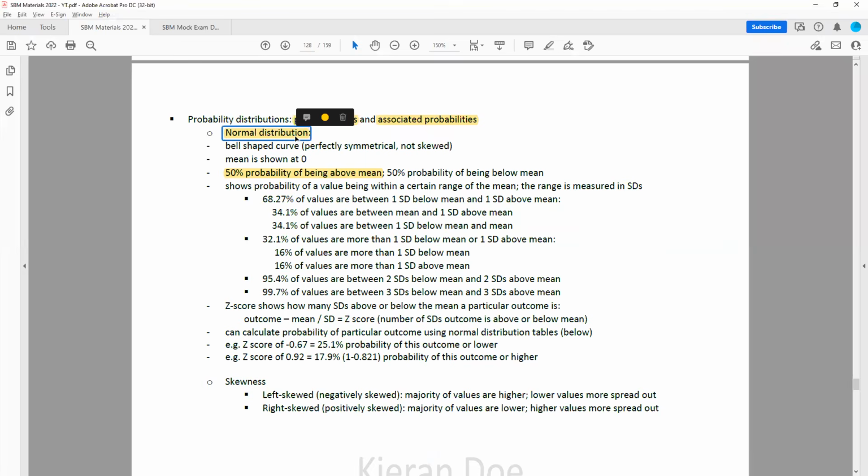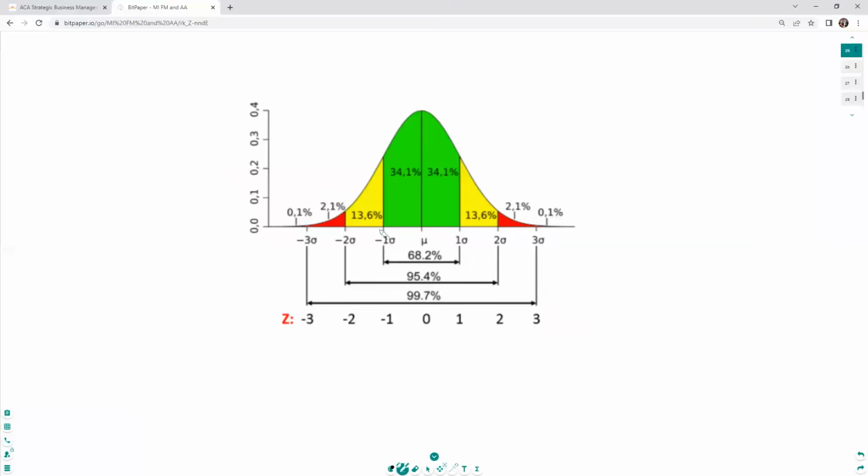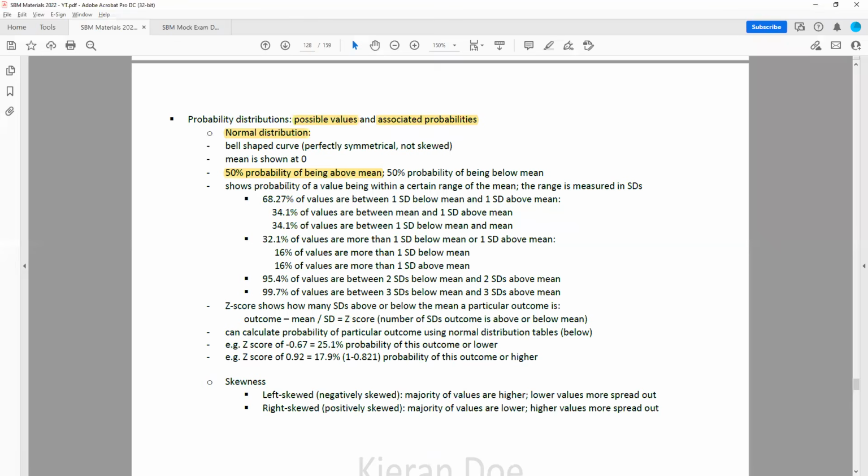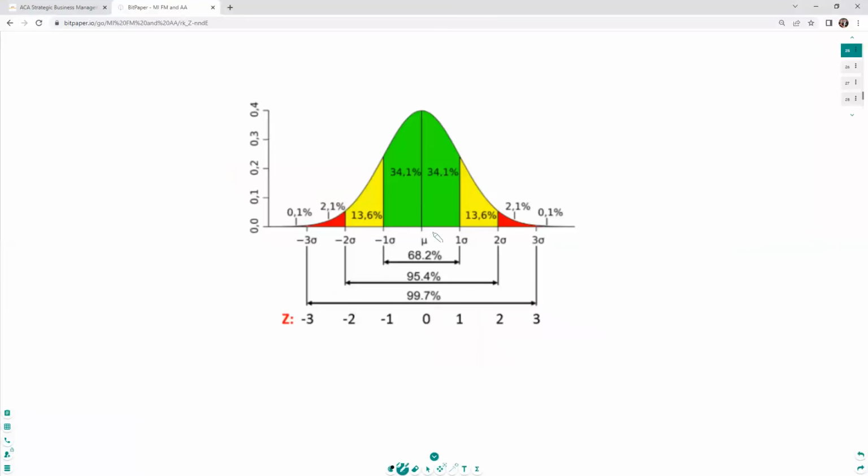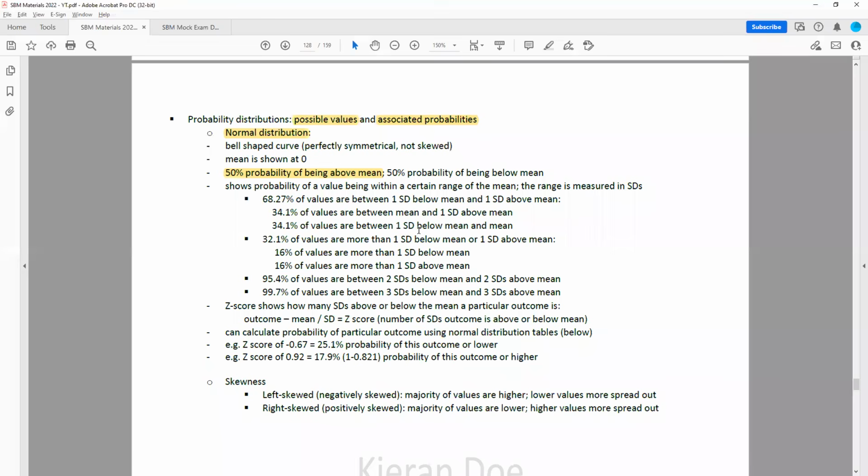So what we'll want to know is whether the data we're looking at follows normal distribution, because if it does, we can derive what the probability of a certain outcome will be. If it does follow normal distribution, as we said, 50% of values are above the mean, 50% of values below the mean.